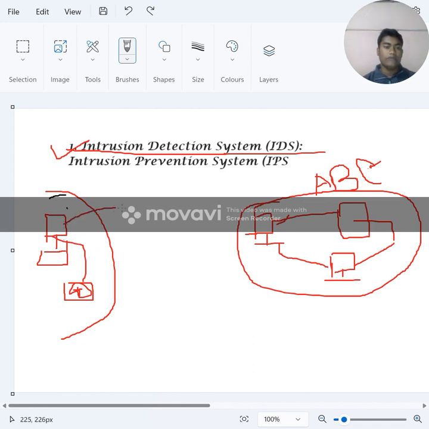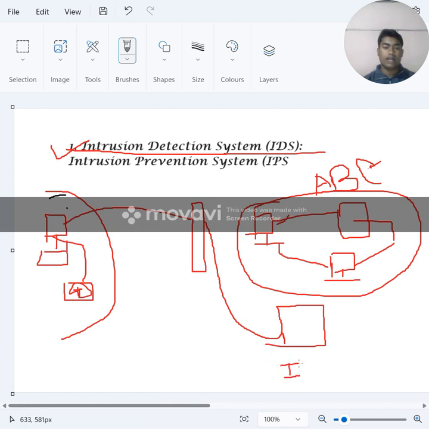Suppose one packet goes from the ABC company. At first the firewall will check it. Okay. Then the packet will go through the IDS and IPS systems.